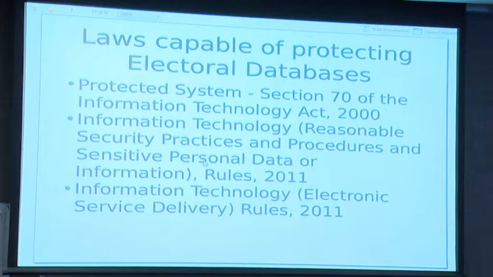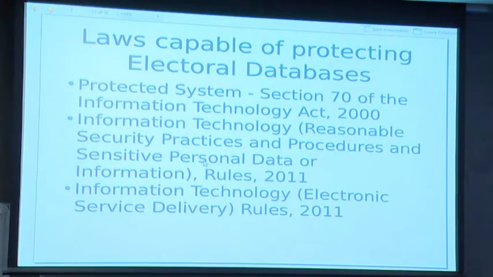Then you have the reasonable security practices and procedures. This is applicable only to companies per se, and because ECI, the Election Commission of India, which is involved in collecting this data, is not a corporation, this does not fall under this ambit.